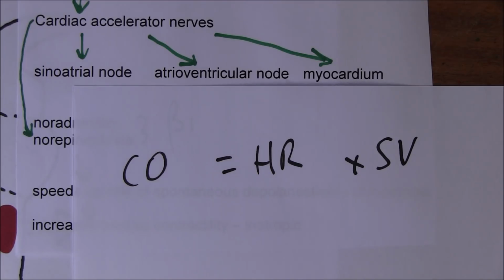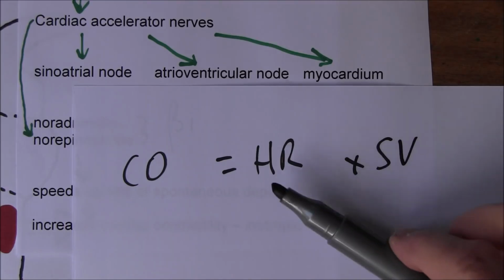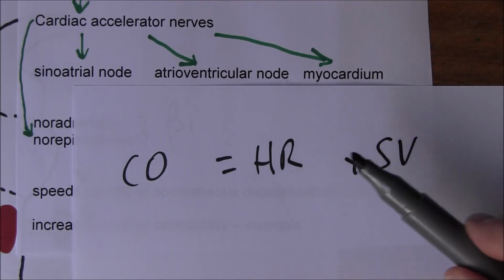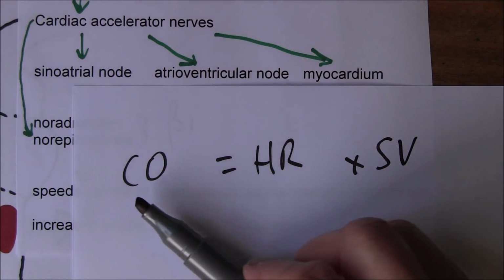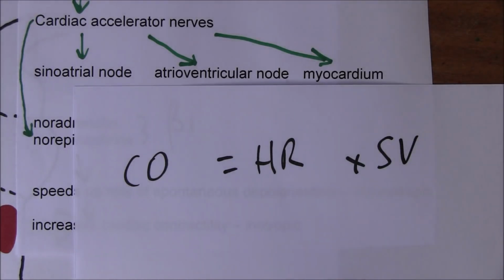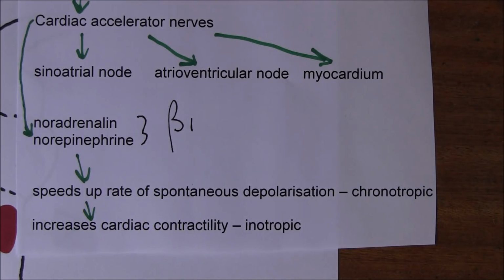That's why slow heart rates are so significant in children. So if the heart rate in a child drops and they can't compensate by increasing their stroke volume, a relative bradycardia for the age of the child is automatically going to reduce cardiac output. That's why slow heart rates are such an important clinical consideration when we're considering children.